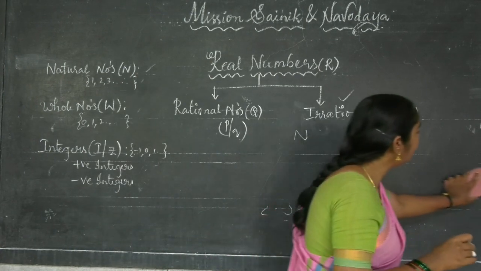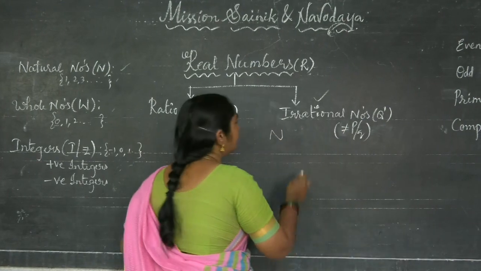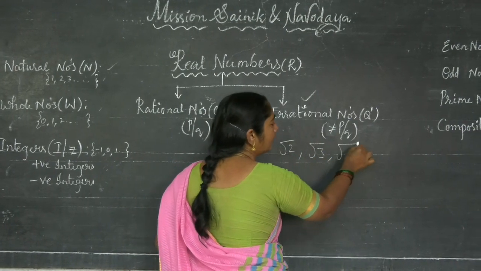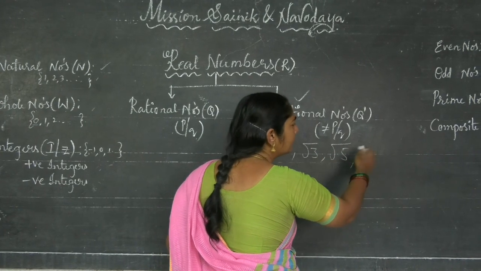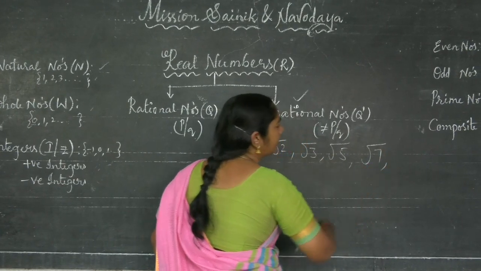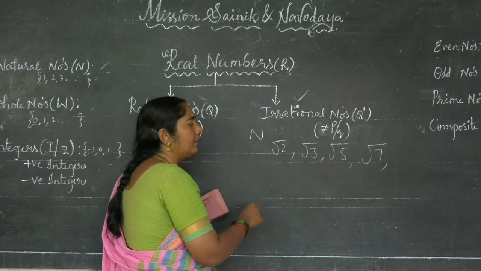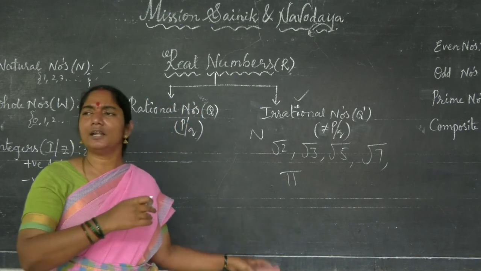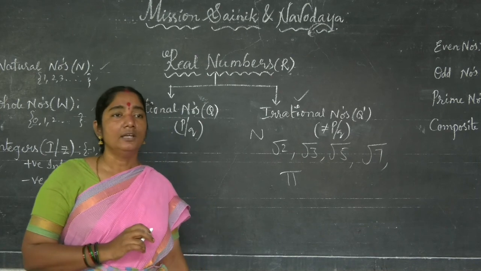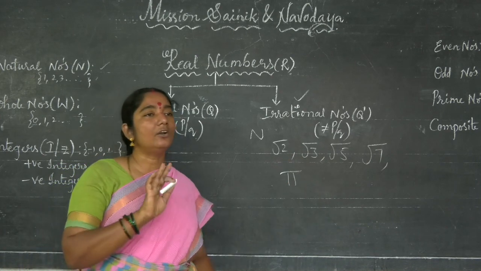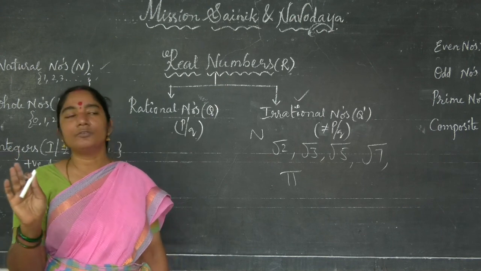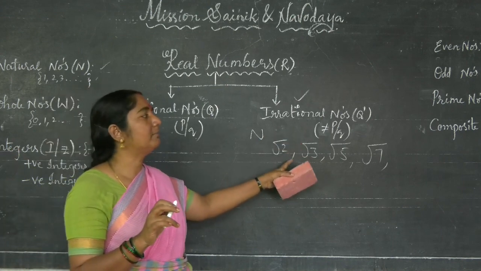The examples for irrational numbers are generally root 2, root 3, root 5, all of which do not have a perfect square. Pi is also an irrational number. These are the examples. There are many examples of irrational numbers. All these numbers are not terminating and not recurring. Such numbers we call irrational numbers.